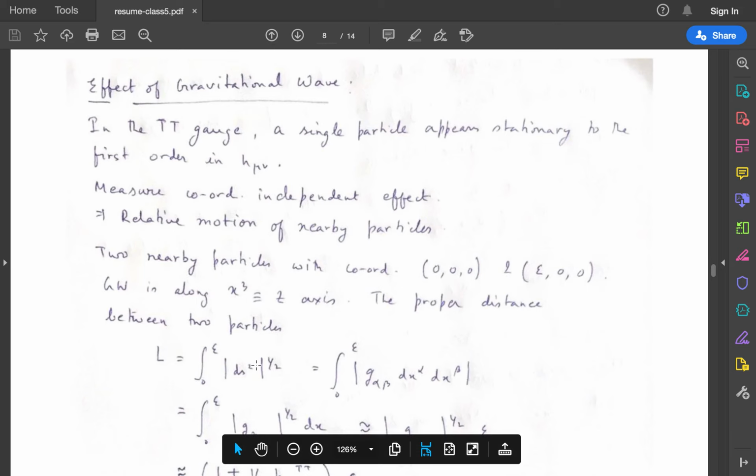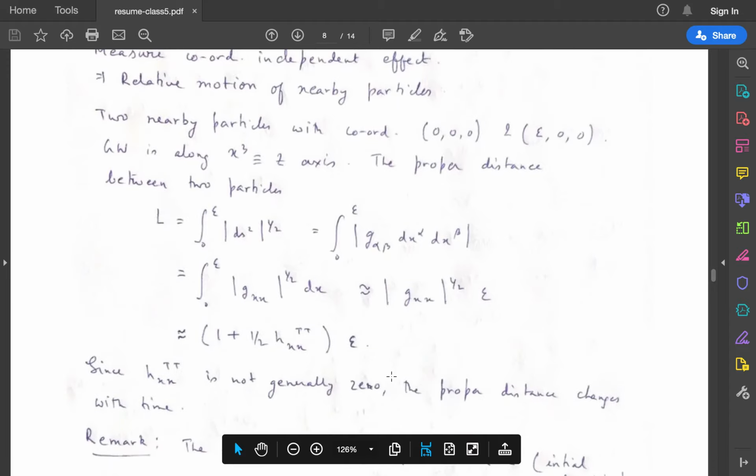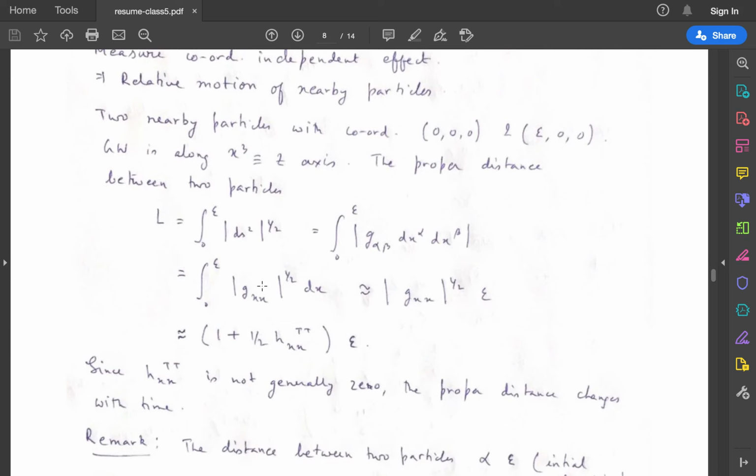So ds squared is nothing but this line element. We know how the line element can be written in terms of the metric. Since we are looking only in the x direction, we can easily factor out dx from it, and therefore this equation becomes simplified.